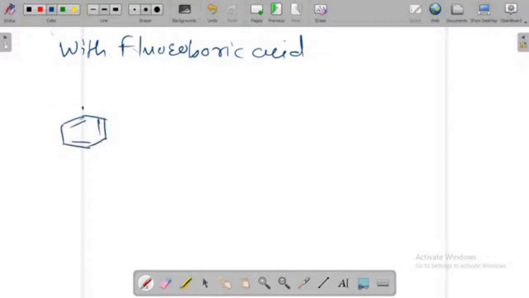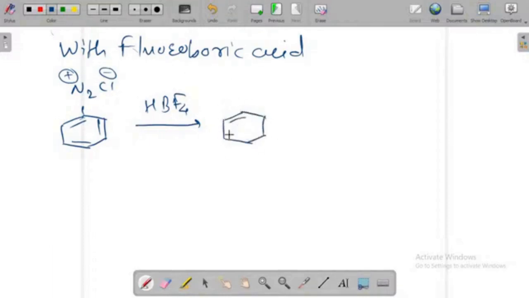This benzene diazonium chloride, N2 plus Cl minus, on reaction with HBF4, that is fluoroboric acid, gives you the intermediate. This is the intermediate, N2 plus, and HCl is a byproduct, that's why it is BF4 fluoroborate.